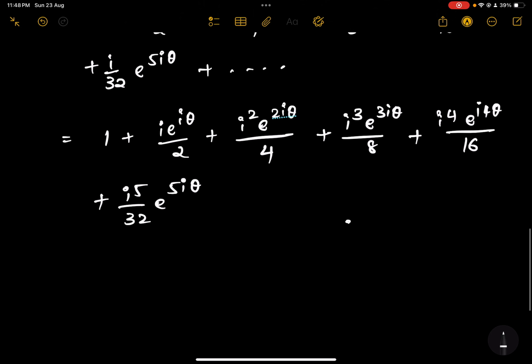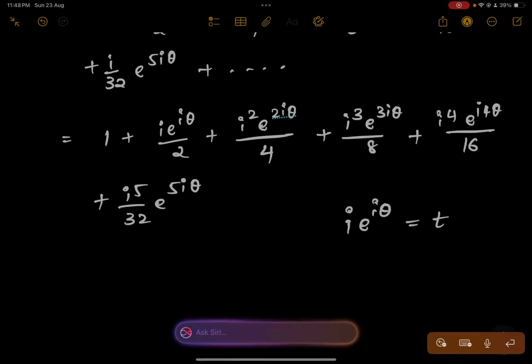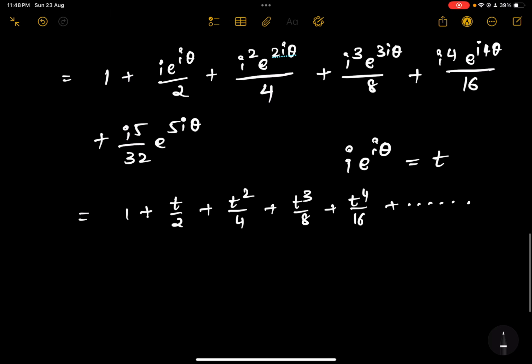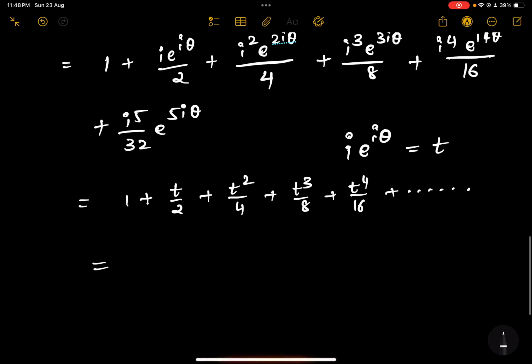So if you consider i times e to the power i theta equal to some t, let's say, then this will become 1 plus t upon 2 plus t square upon 4 plus t cube upon 8 plus t to the power 4 upon 16 plus and so on. Now it is an infinite GP with common ratio t upon 2.